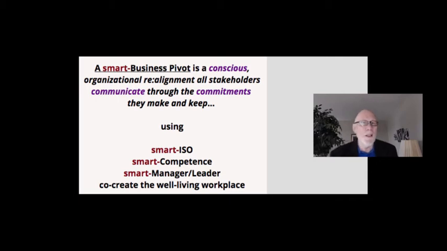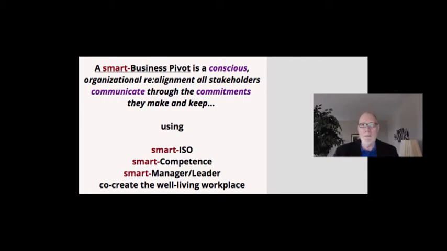There's also smart competence. If you're going to move forward and you're going to go through a business pivot, and to be able to communicate the commitments, it's advisable again that all people are competent in what commitments they're going to take. Now let me say that. Competent in the commitments that they're going to take.